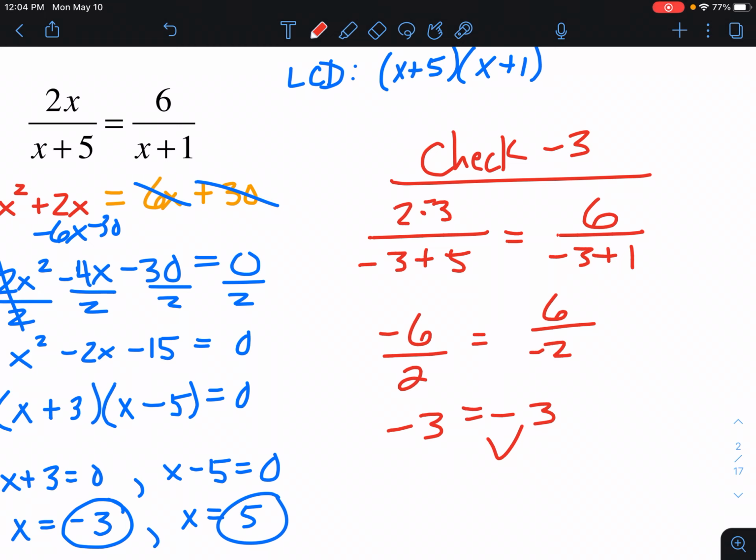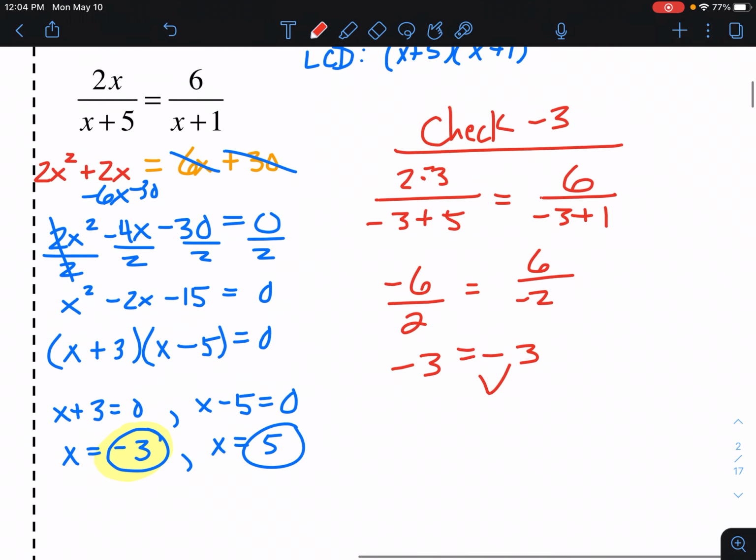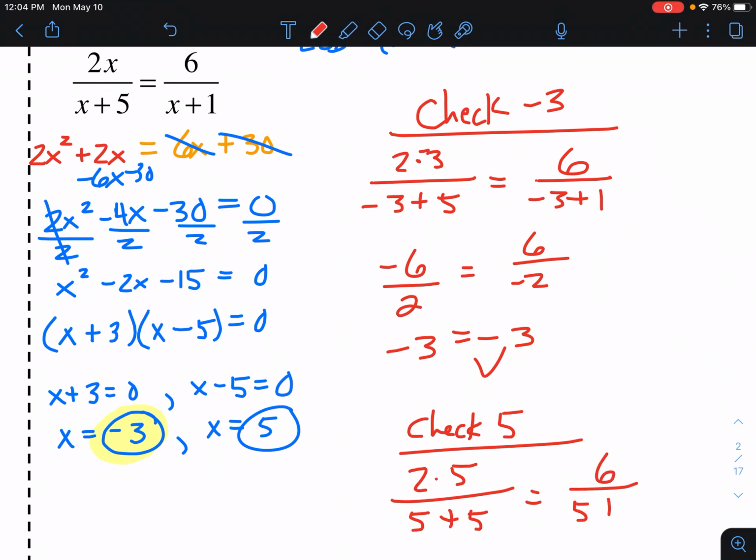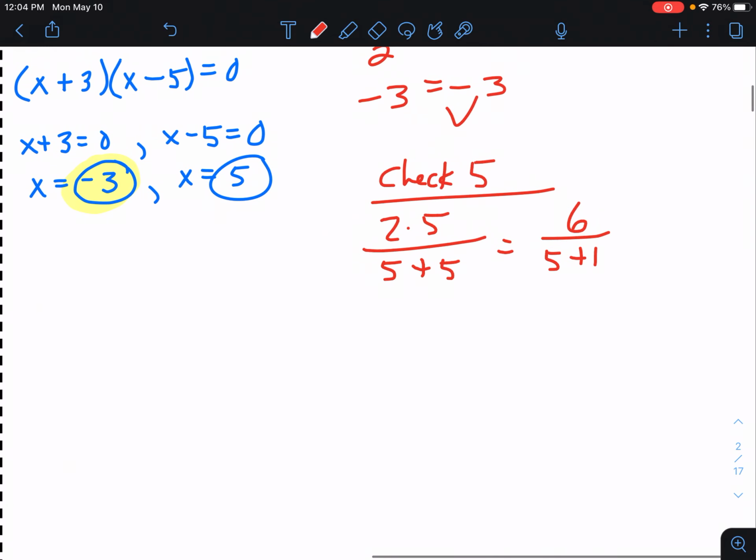So negative 3 works out. I'm happy with that as an actual solution. Now I'm going to check 5. So the first one, that'll be 10 over 10 is 1, and 6 over 6 is also 1. So 5 is also a solution.